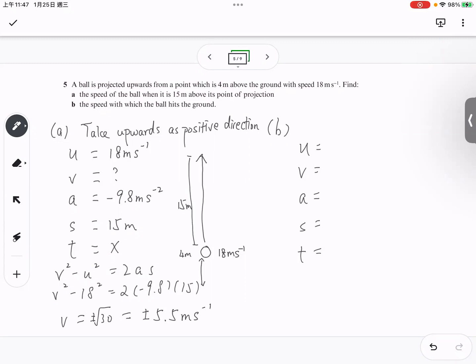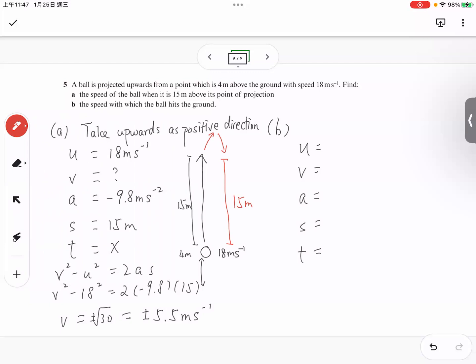The reason why you have two answers is, please pay attention, we need to keep both answers, because after you throw it up continually, it may stop, and then it will go down again to another level at 15 meters, higher than the starting point.